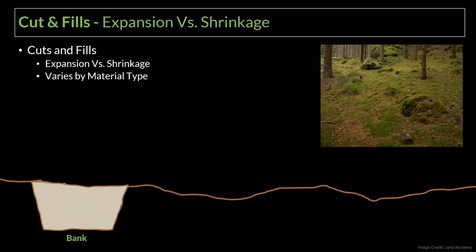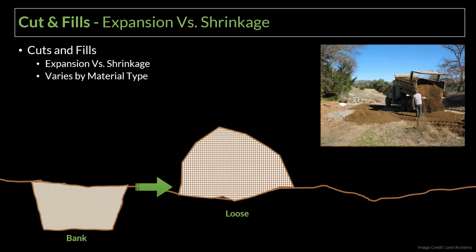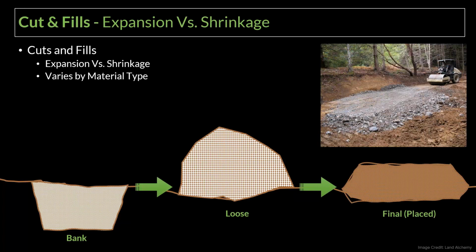So if you cut your material out of the bank, we'll refer to this as our bank units, or in situ material, it's probably going to be stockpiled temporarily or thrown in a truck, in which case it would be loose. And then when it gets to actually being used as fill in either our road prism or other earthworks project, that'll be referred to as final or placed.